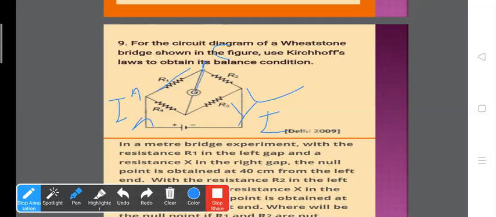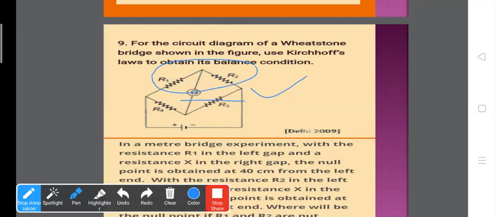Some current flows through this arm and some through this arm, as we have studied in the Wheatstone bridge topic. So you will get the condition of the Wheatstone bridge, which is R1 upon R2 equal to R4 upon R3, right? So try to solve this.